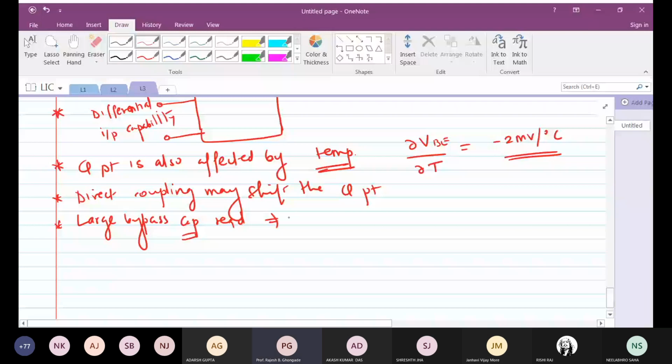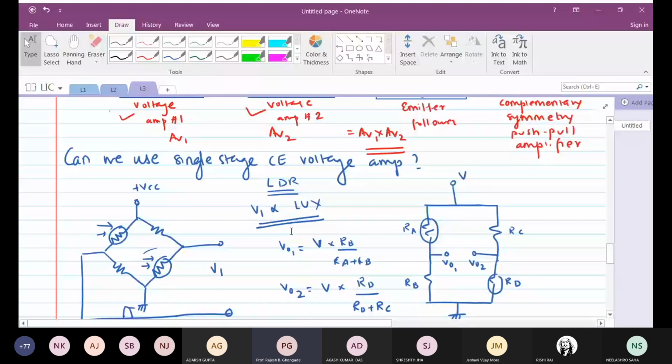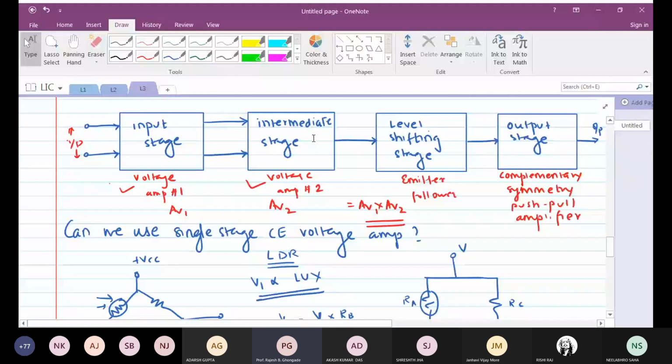So these are the major limitations of the single stage common emitter voltage amplifier, and it cannot be used for our input stage and the intermediate stage also. So we have to search for an alternative voltage amplifier.